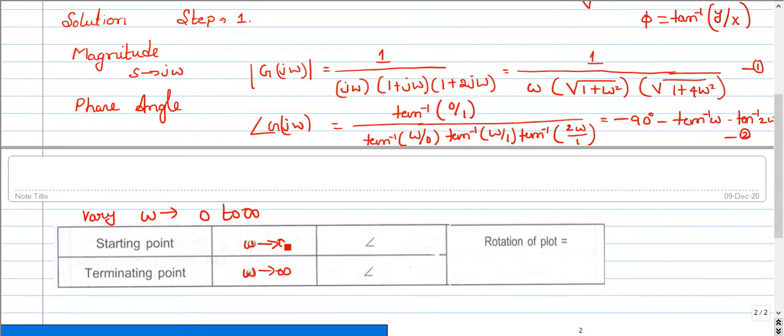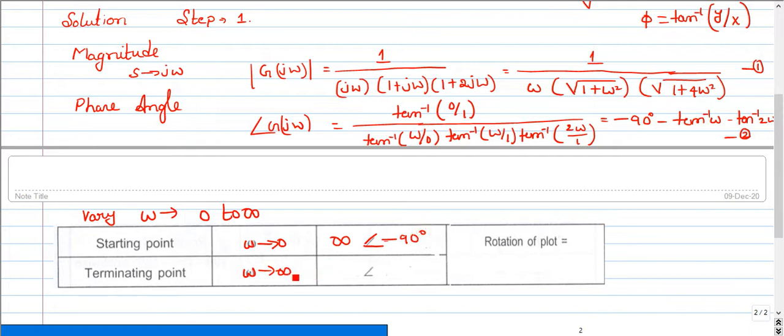When I substitute omega as 0 in equation 1, it is 1 by 0, so I will get infinity as the magnitude. For the angle, tan inverse of 0 terms will be 0, and I have minus 90 degree.